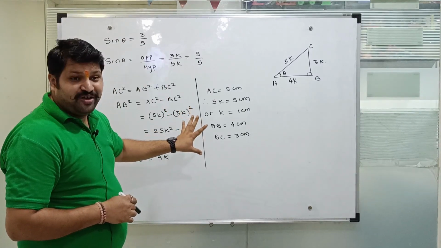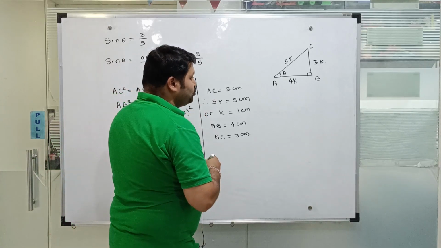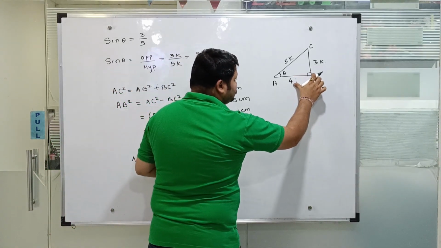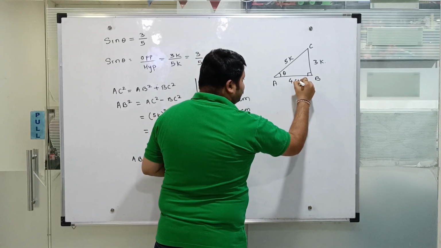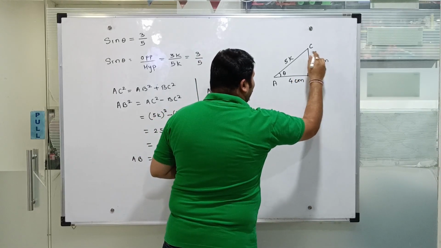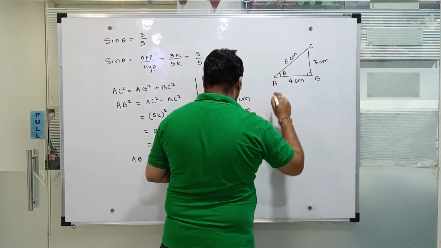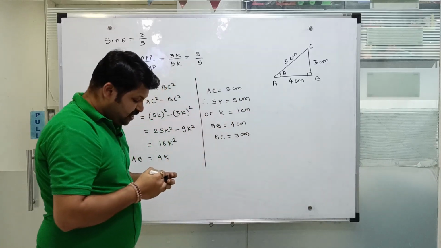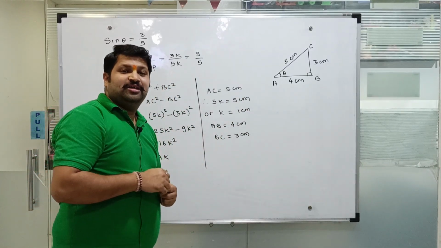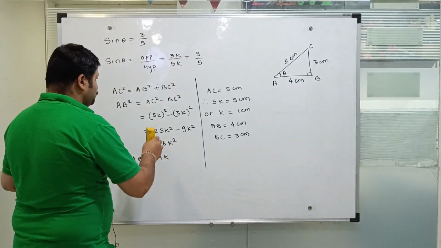Now, since we have seen that AB is equal to 4 centimeters, I'll make the changes here. AB is 4 centimeters, BC is 3 centimeters, and AC is 5 centimeters. Using this data, I can easily find the remaining 5 trigonometric ratios.